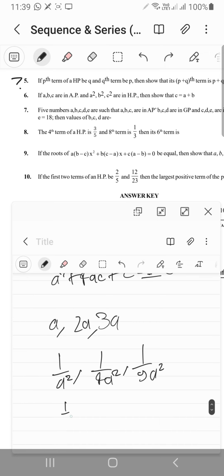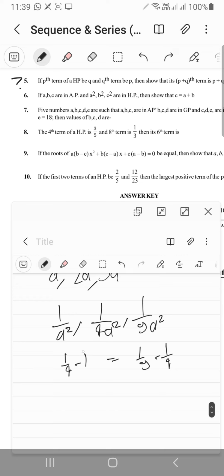Is this correct? 1 upon 4 minus 1 equal to 1 upon 9 minus 1 upon 4. This is negative 3 upon 4, and that is negative 5 upon 36. No, this is no way correct. This doesn't make sense. Now this is wrong.